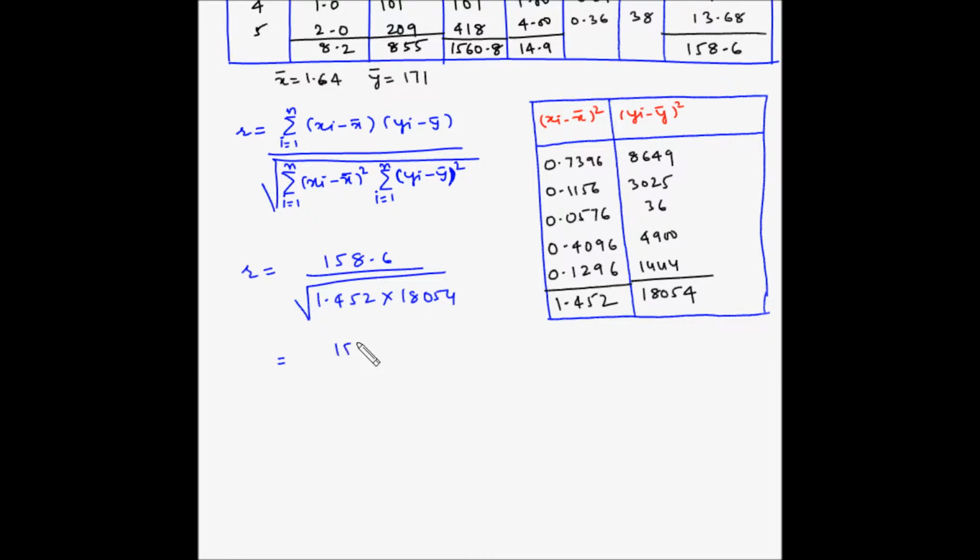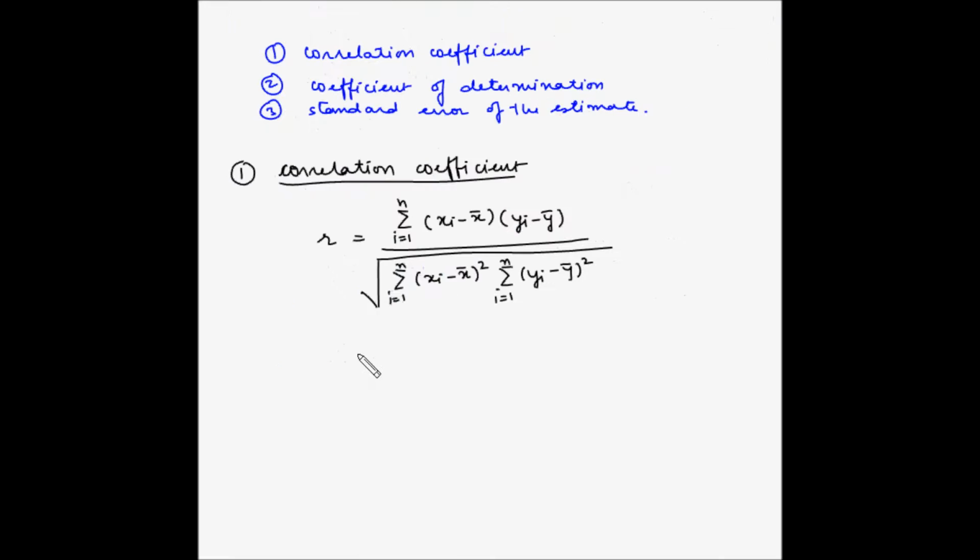So this is equal to 158.6 divided by 161.9, and this comes out to be 0.98.